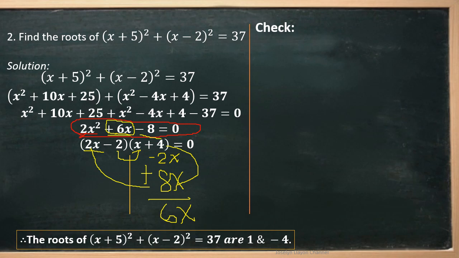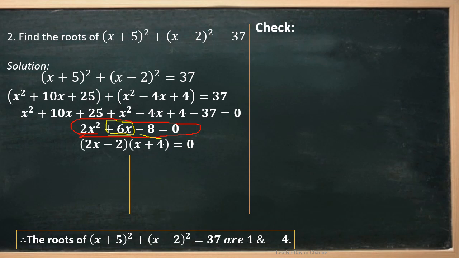So next, we have to equate each factor with 0. So 2x − 2 = 0 and x + 4 = 0. To solve for x, negative 2 will be transposed to the right side, so it becomes positive 2.